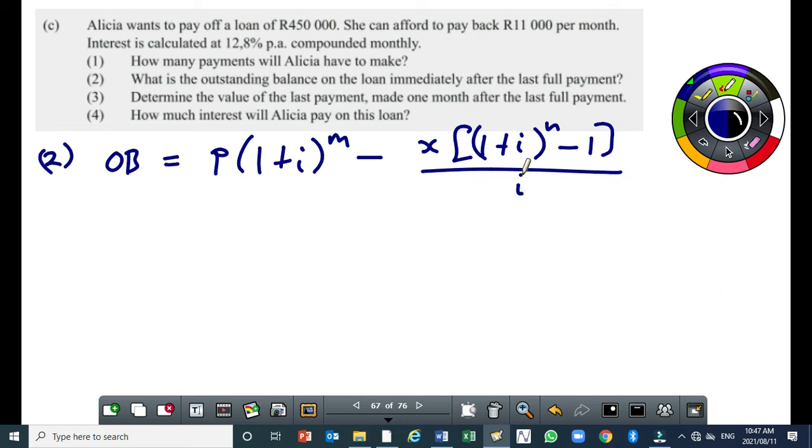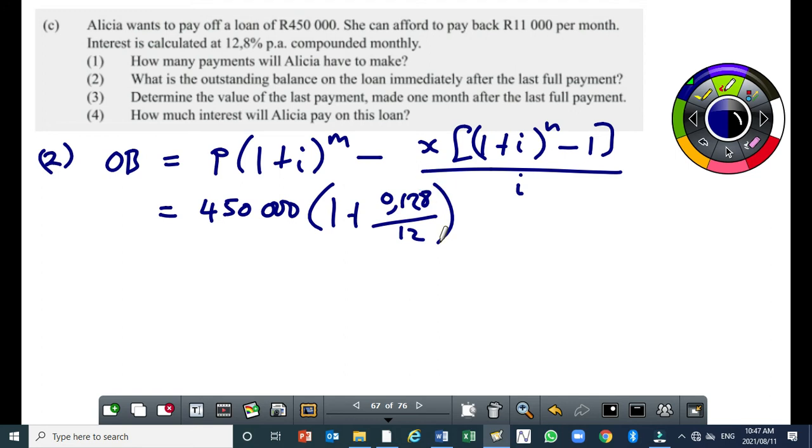Okay? Then where there's P, you put 450,000, the amount borrowed. Where there's I, there is 0.128 over 12. Raise the power. Now our n, since there are a total of 55 payments, but 54 are full payments, our n is going to be 54. We'll say after the last full payment, so that would be 54 here.